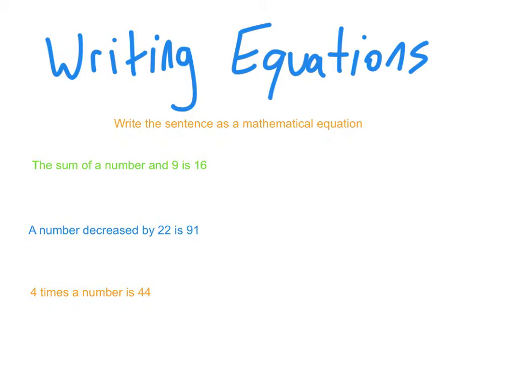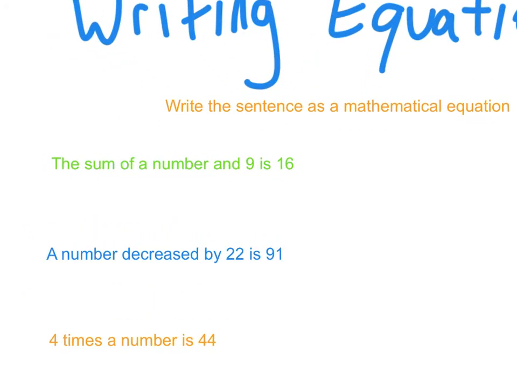All right, so let's do some equation writing. We're going to take these 3 different sentences and write those sentences as mathematical equations. So the sum of a number and 9 is 16. Well, let's see. What stands out? Sum stands out, right? We know sum means add. A number. They tell us what number? No, they just said a number.